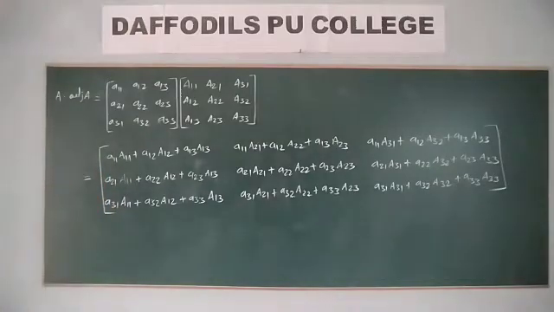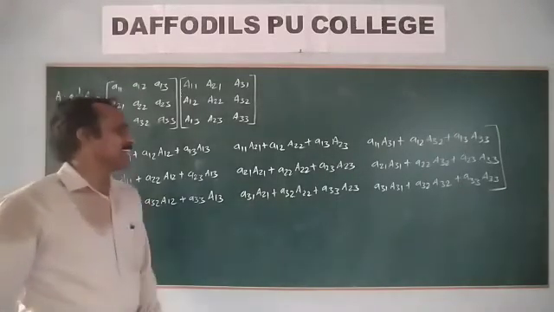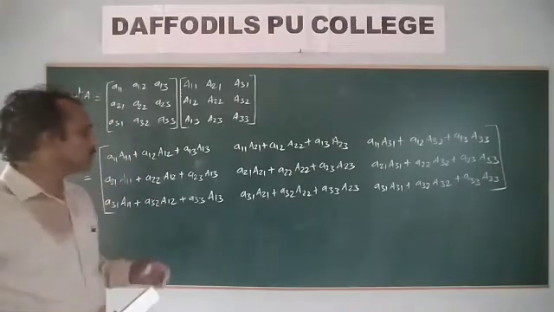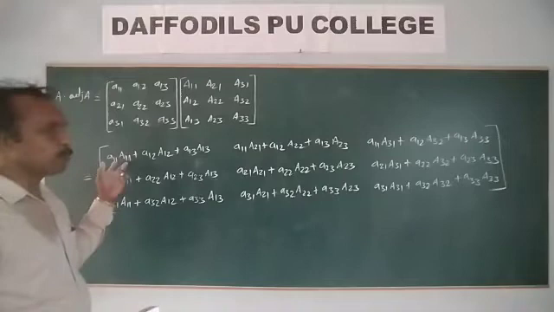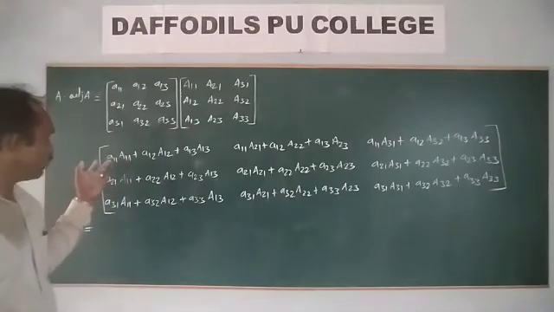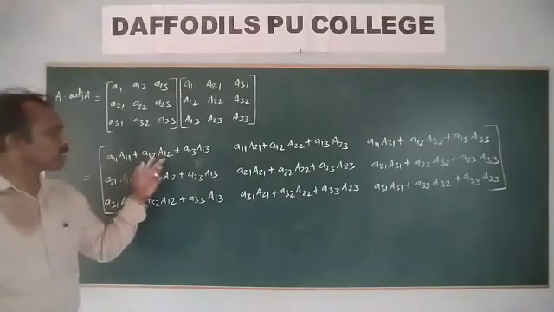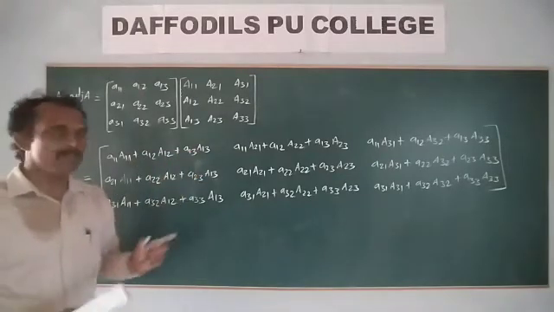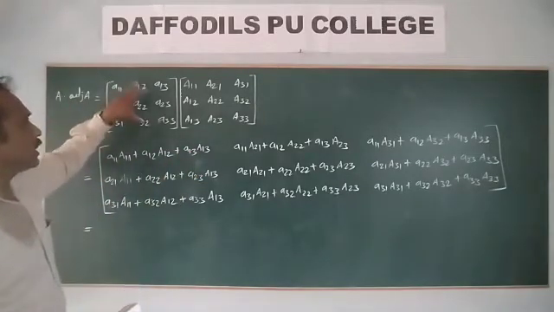Okay, right. We know, I explained the determinant definition. Determinant definition is the sum of the products of the elements and their corresponding cofactors. That is the determinant definition. This is a matrix.